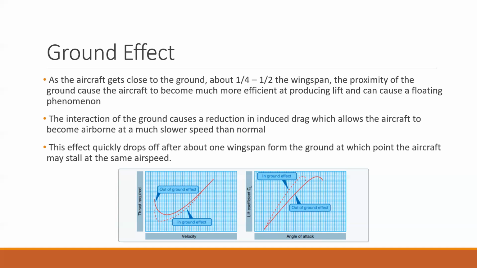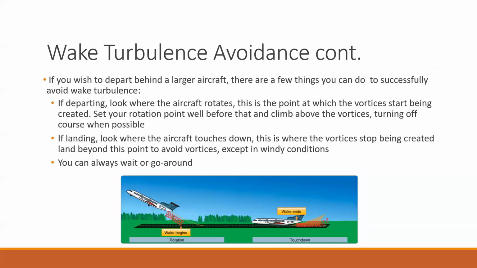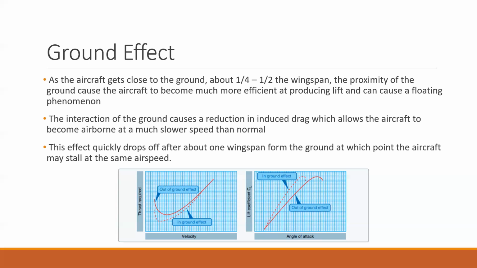So the first thing is ground effect. Last week we left off talking about wingtip vortices and wake turbulence avoidance, and so the next thing we're talking about here is ground effect. Ground effect is an aerodynamic characteristic of the interaction between the wing and the air that gets stuck between the wing and the ground.